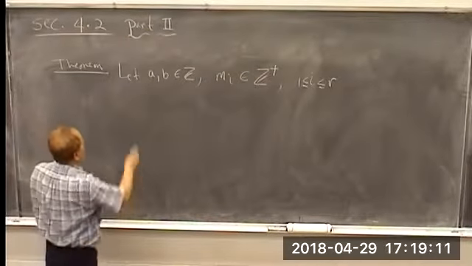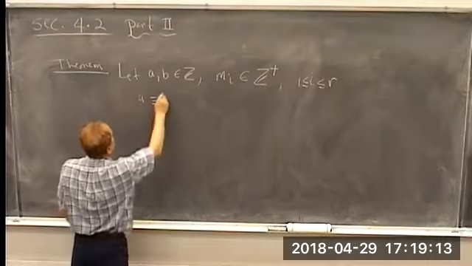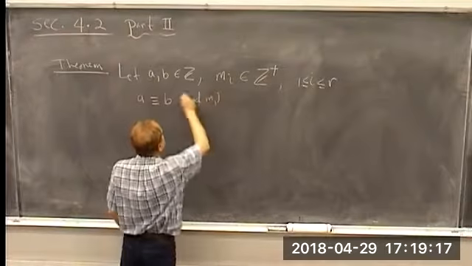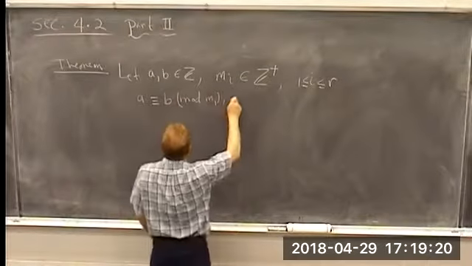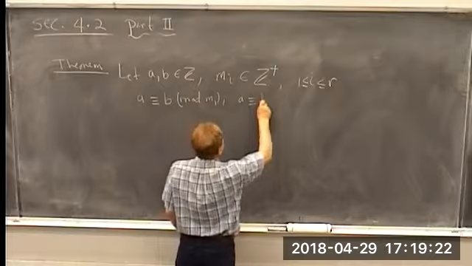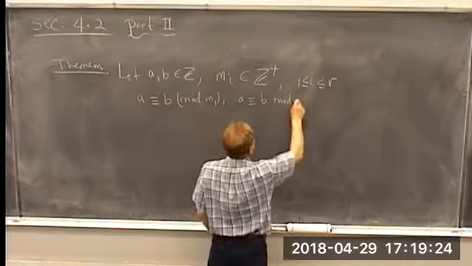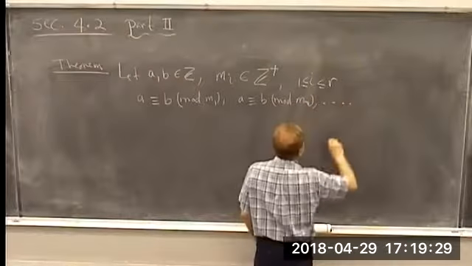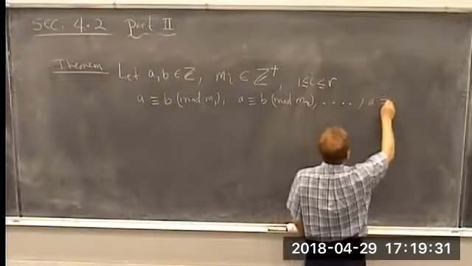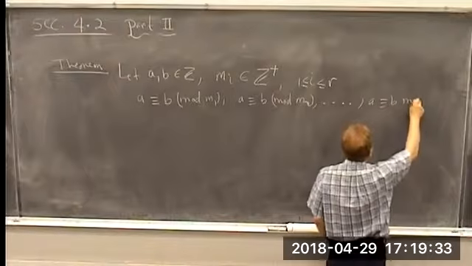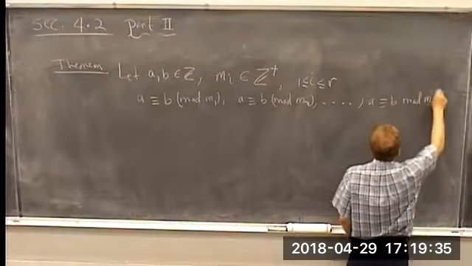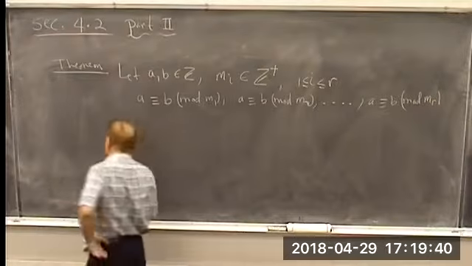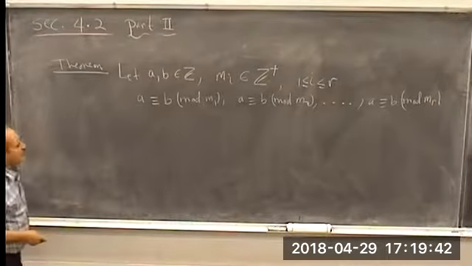We also have A is congruent to B mod M1, A is congruent to B mod M2, and so on, and A is congruent to B mod M sub l. So we have our congruences for A and B.